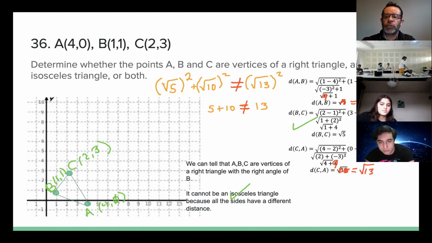So this is not equal, you see? So therefore, this is not correct.